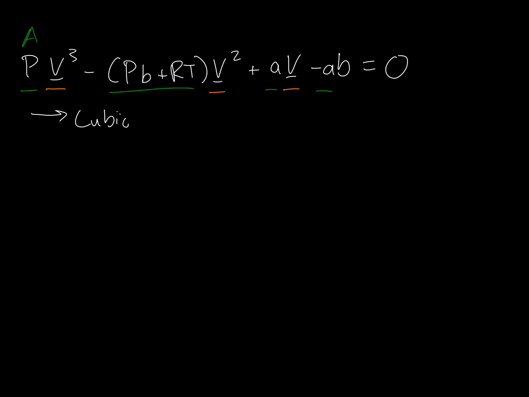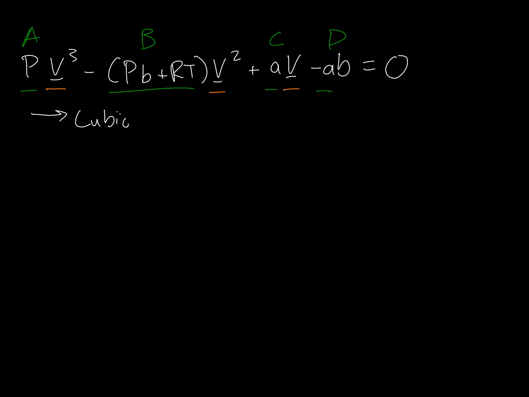We could call these A, B, C, and D. They generalize it so that if I want to switch from the van der Waals equation of state to the Peng-Robinson equation of state, I don't have to recode everything. I just recalculate A, B, C, and D differently as a function of temperature or whatever other parameters are necessary. So the generalizable form of a cubic equation of state is really useful.